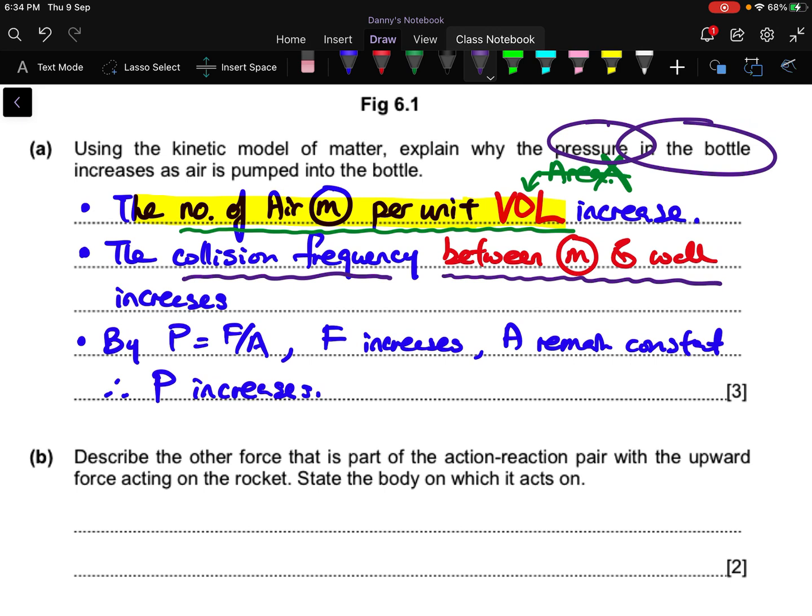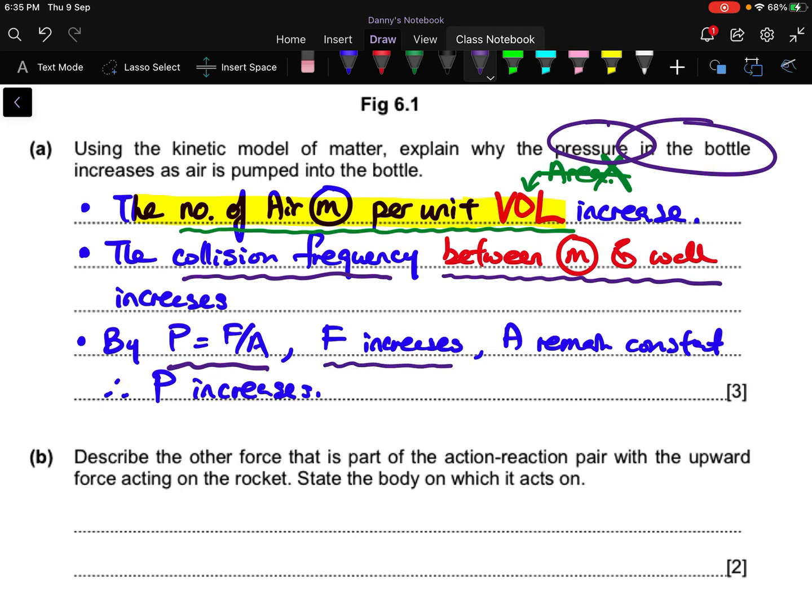Last but not least, once you talk about collision force, and collision force is not changing here, once you finish talking about collision frequency, you can directly proceed to quoting the formula that governs pressure. In this case, P equals F over A, and you can write this just as how I'm presenting to you now.